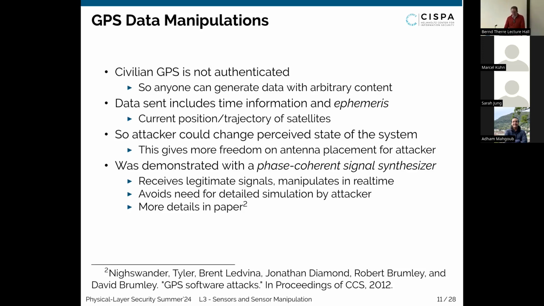If you have a synchronized GPS receiver, it has a very narrow window within which it expects the next signals to come in, which is more or less the window that encapsulates the local noise. If your jamming or GPS spoofing signals come from a completely different location, the receiver might not even synchronize to your attacker signals.